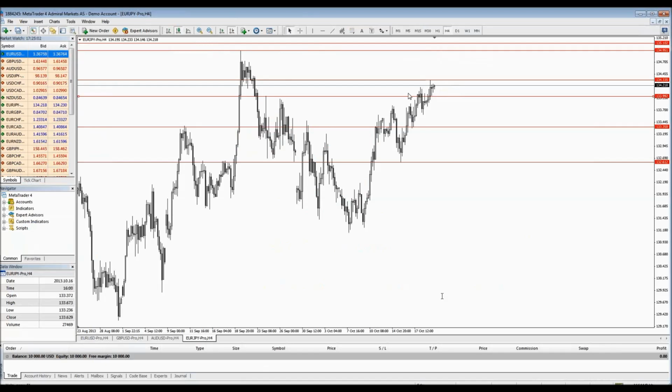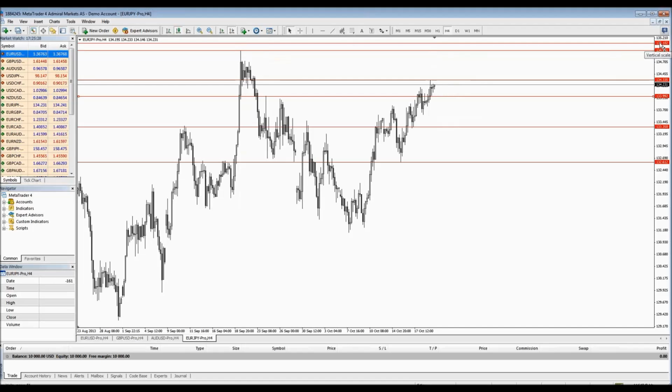Why do I say blind trade? Look at this. 19th of September. So Euro Yen hasn't been to this level since 19th of September. So if it comes violently there, you can take a blind trade.